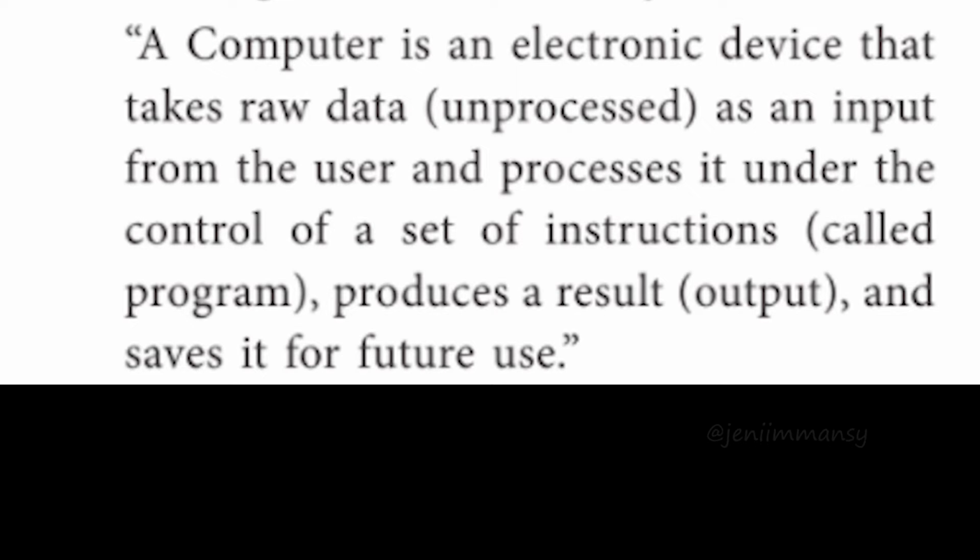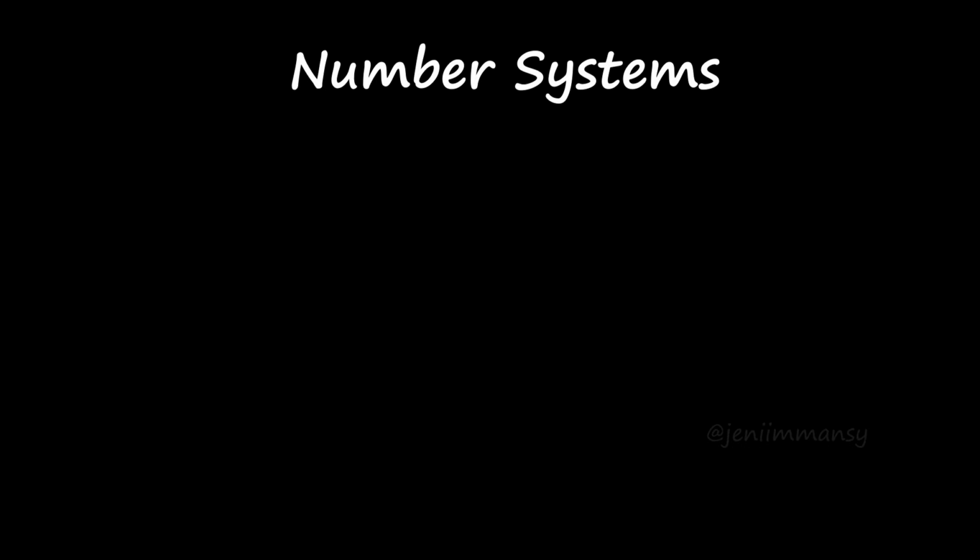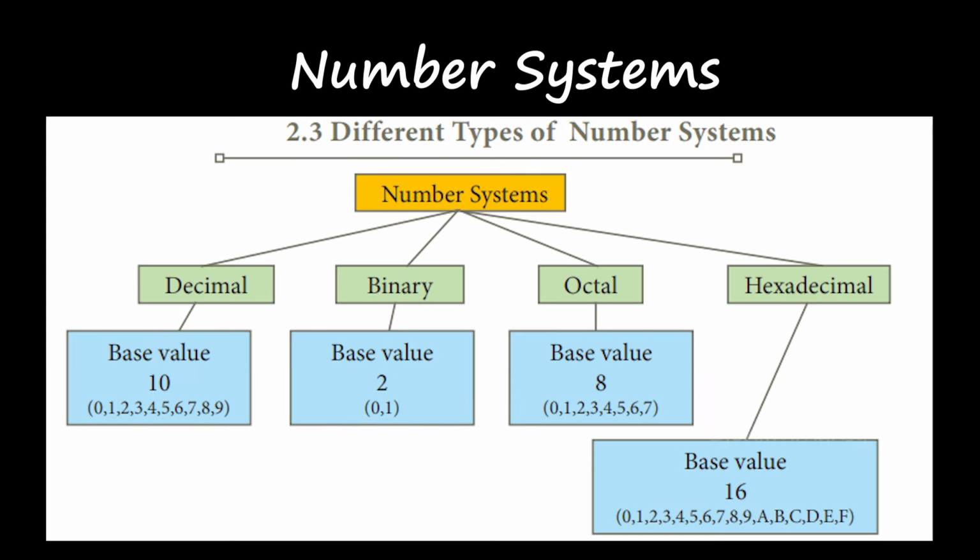Okay, so first of all you have to know the definition for computer, and then you can move on to generations of computer and data and information. And in the second chapter, you will have to see some conversions along with the number system. Number system, in the sense, there are binary number system, octal number system, decimal number system, and hexadecimal number system, right?